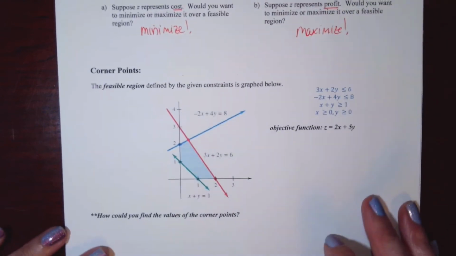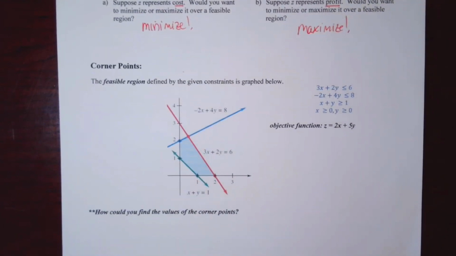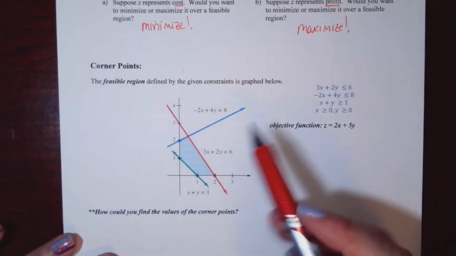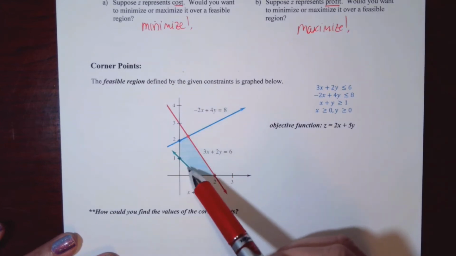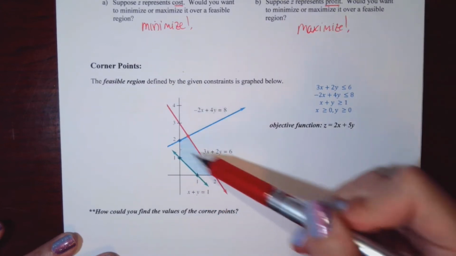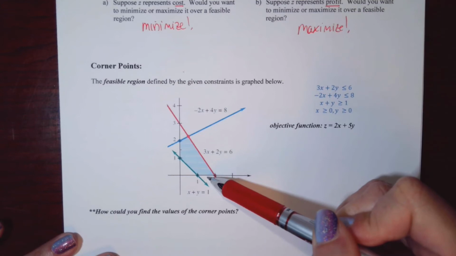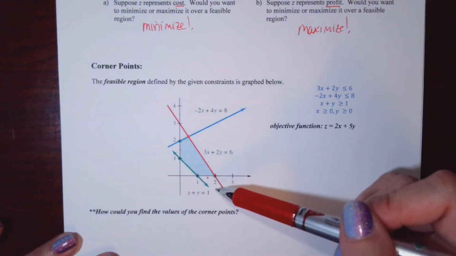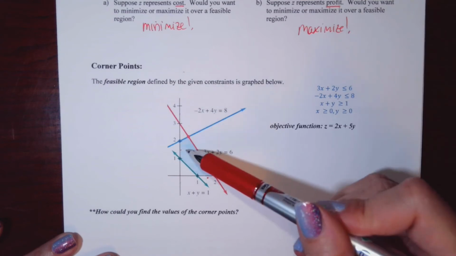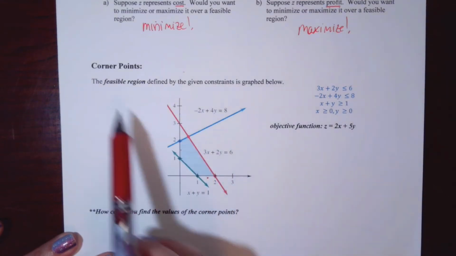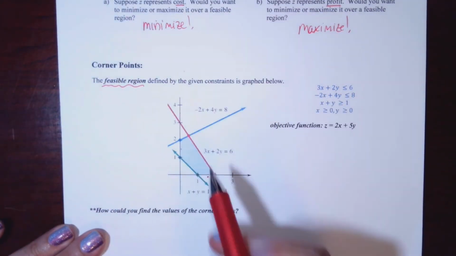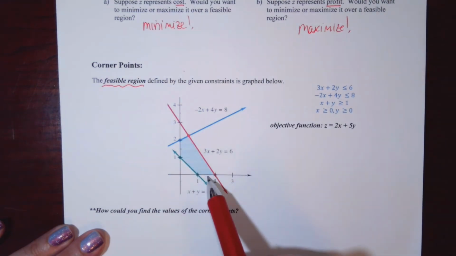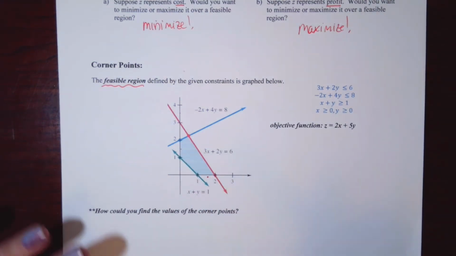All right. We always have to work within constraints. Here you can see that we've got 1, 2, 3, 4, 5 constraints. These are our axes, but they are also acting as constraints. I know they're acting as constraints because I can see where my feasible region is shaded. So I have 5 constraints here.